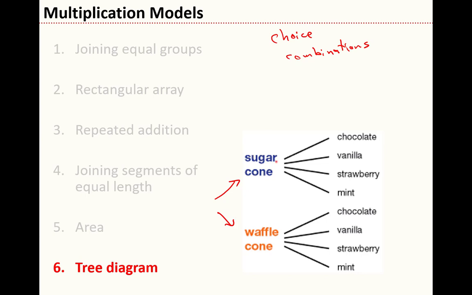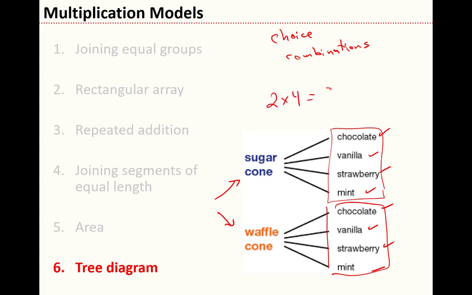So by drawing a choice for the cone, and then from each cone I draw my 4 flavors, notice that these are repeated, you can see you end up with 8: 1, 2, 3, 4, 5, 6, 7, 8, 8 possible ways to make your ice cream cone at this store. So 2 times 4 equals 8 gives us the solution we seek.